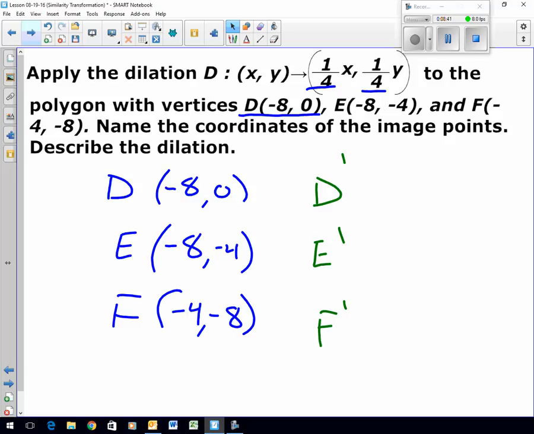Did you apply a scale factor of 1/4 to those vertices?